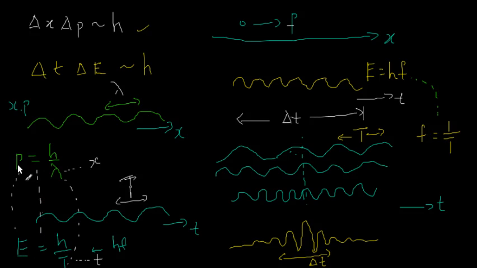I just replace P by E and the lambda distance by the period time, and you get this equation. So which is why, because of this similarity and because they're both about waves, you can just take Heisenberg's uncertainty relation and just replace the x by t, P by E, and you would automatically get the correct uncertainty relation for time and energy.